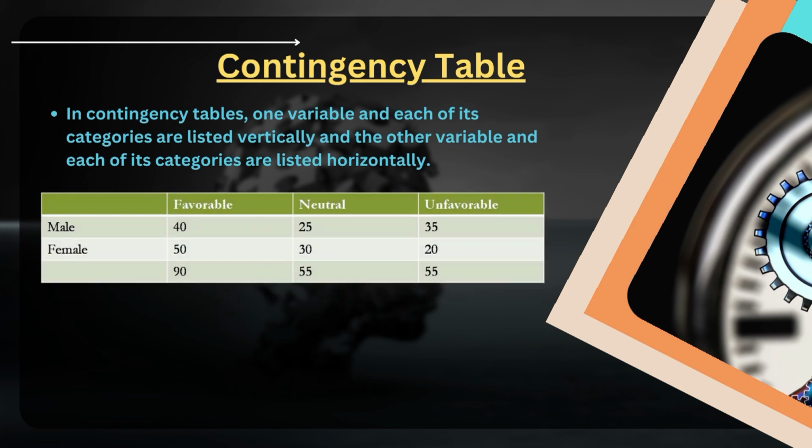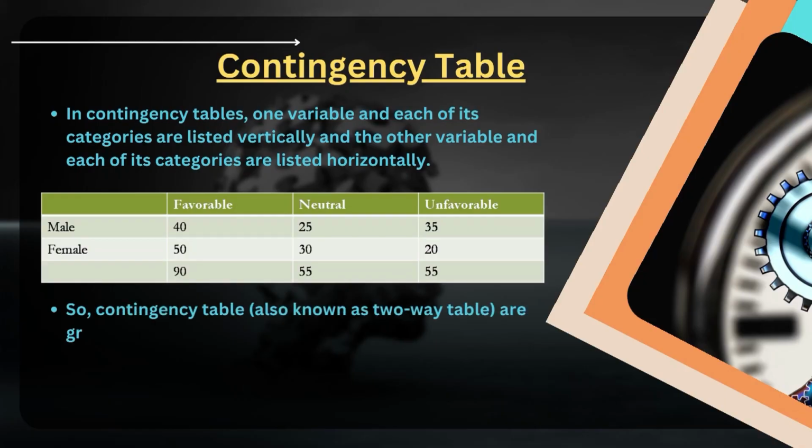As you can see here, at vertical level gender is there, and at horizontal level participants have expressed their opinion in terms of three categories: favorable, neutral, unfavorable, and frequencies are given in each cell. So this is a kind of contingency table which includes two categorical variables.